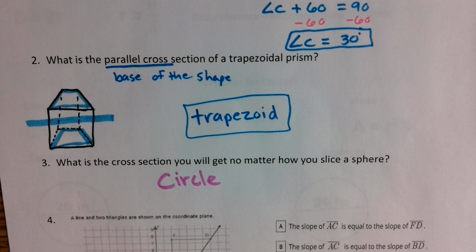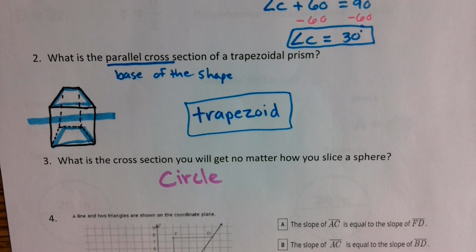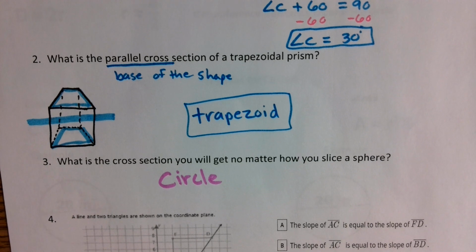A lot of people think it's because it's made up of an infinite amount of circles, but it's actually not. A sphere is actually made up of an infinite amount of pyramids, or triangles, that are connecting together into the center of the sphere coming out, and they form a spherical shape.